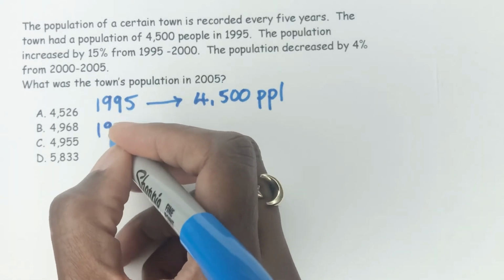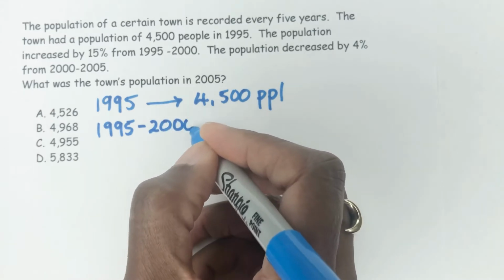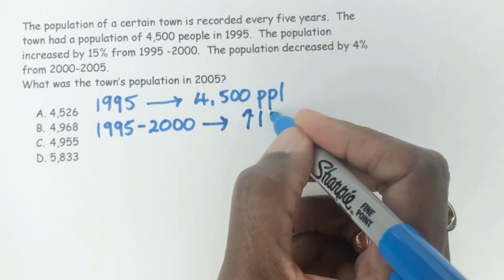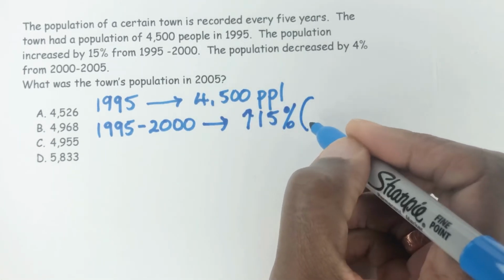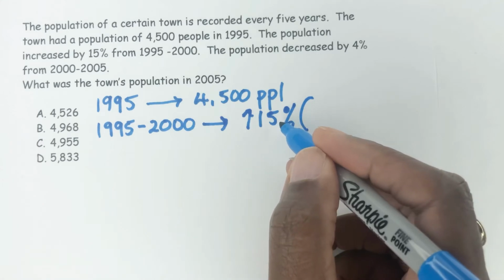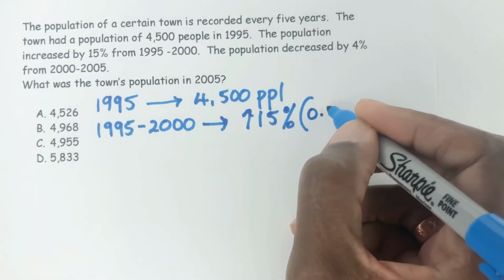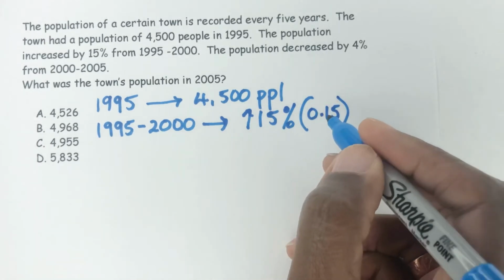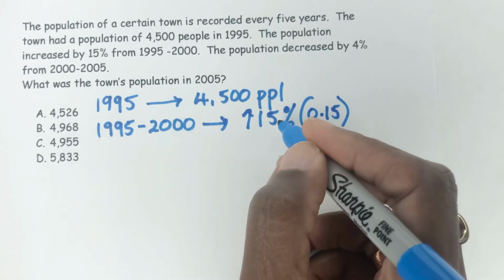So from 1995 to 2000, the population increased by 15%. Usually you would change that 15% to a decimal. If you're not sure how to do that, it would be 0.15. You just put a decimal in front because you're dividing by 100, which will bring your decimal back this way.